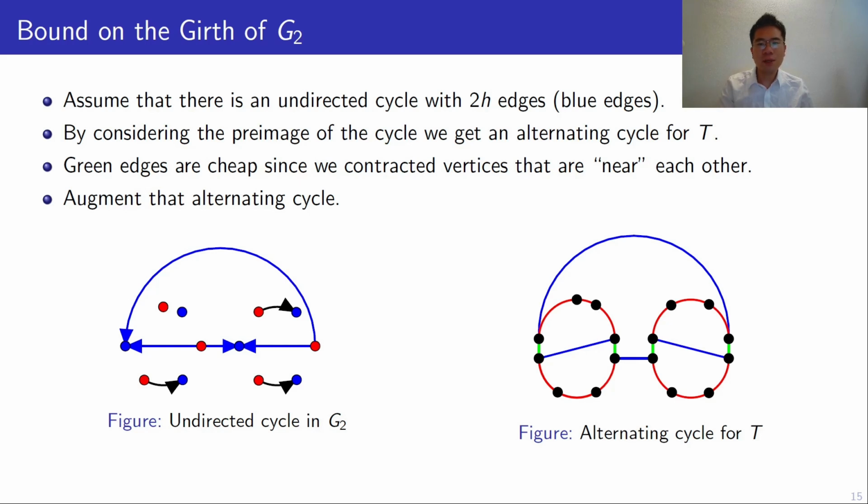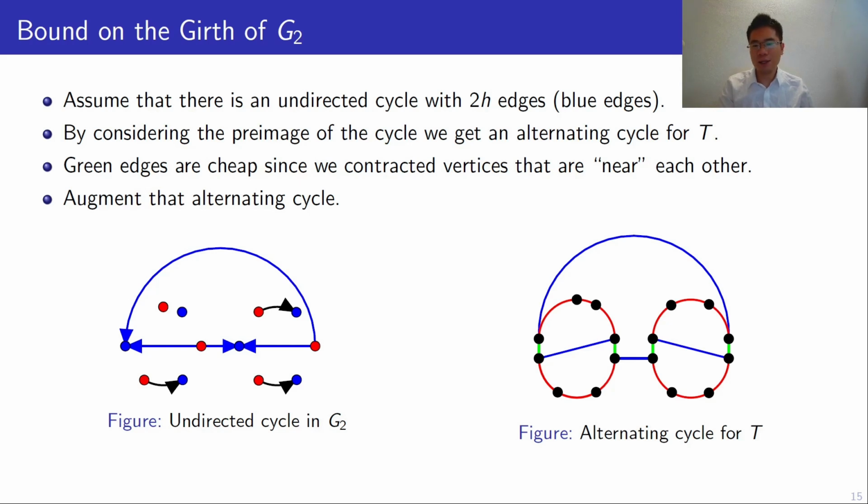By considering the preimage of the cycle, we get an alternating cycle for T. So if we consider the preimage of the blue edges in G2 in the left figure, we get the blue edges in the right figure, so the blue edges in T. And we can now add the green edges, connecting the blue edges to an alternating cycle for T. So what is an alternating cycle?